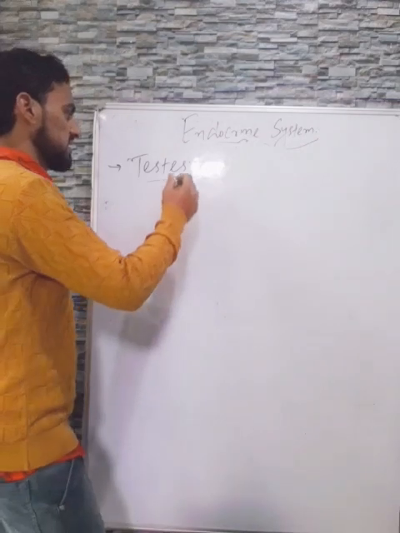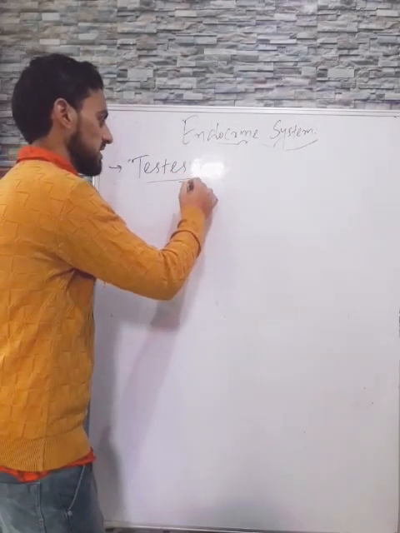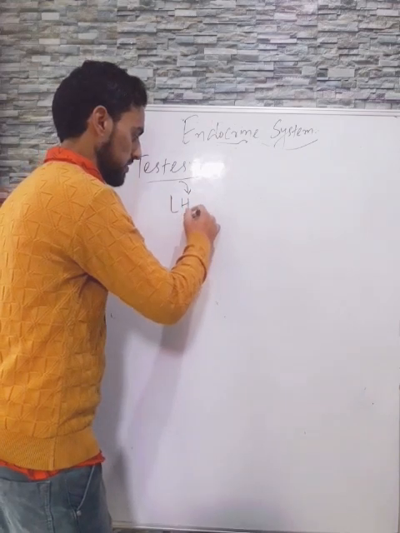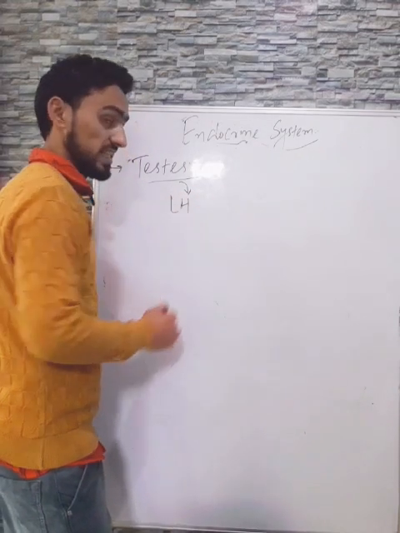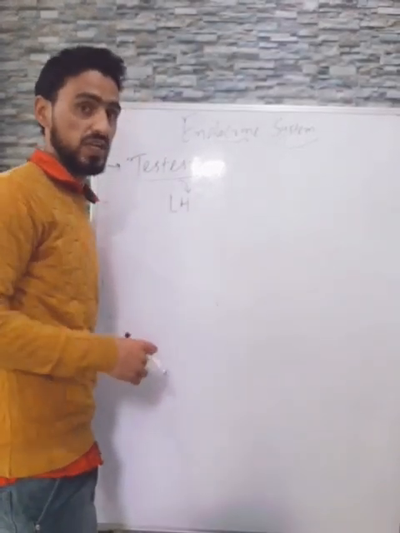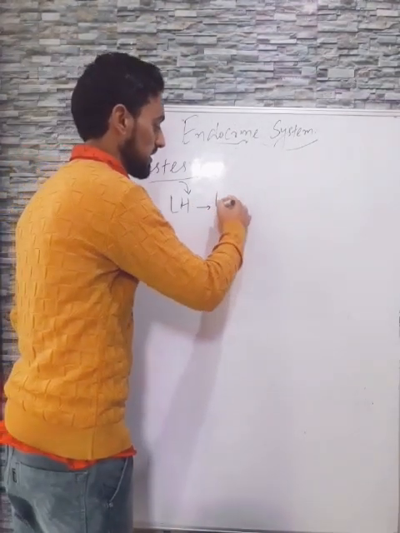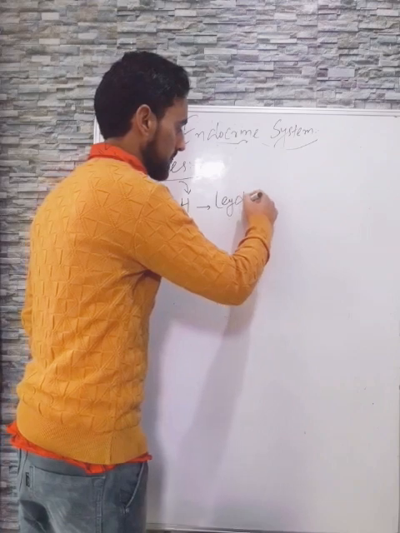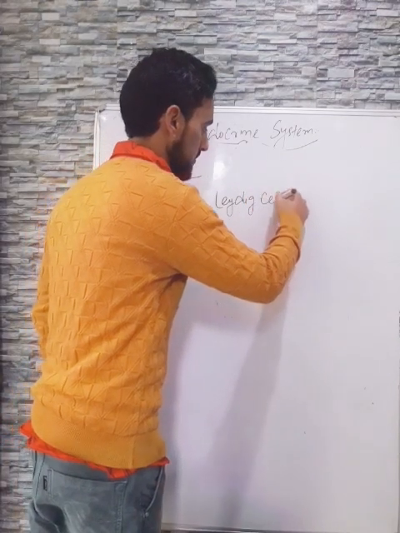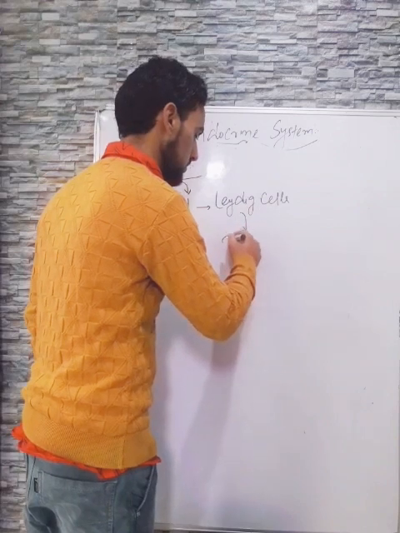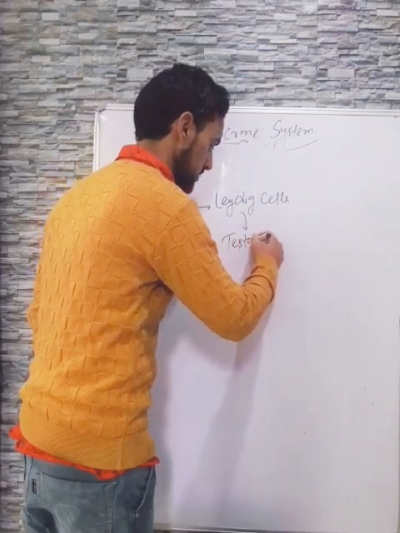These testes, under the influence of LH or luteinizing hormone, also called interstitial cell stimulating hormone as mentioned earlier, the Leydig cells of the testes produce a hormone known as testosterone.